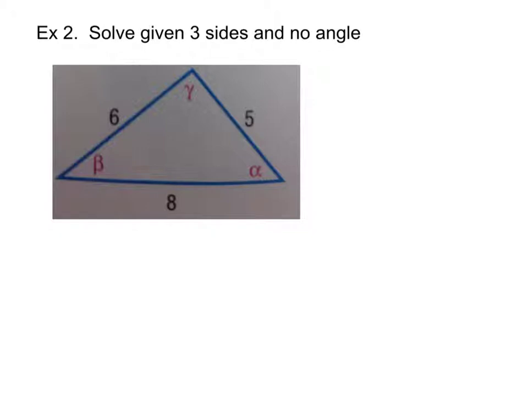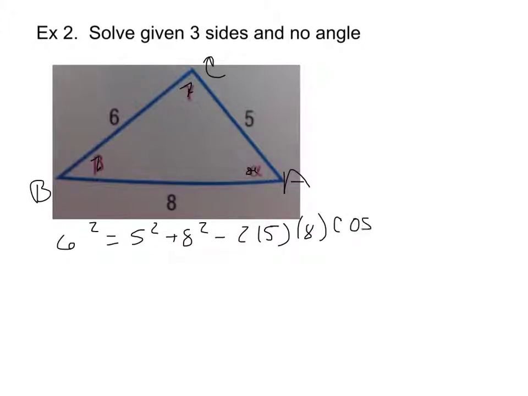In this triangle, they gave me the 3 sides and no angle. So I will have to use the law of cosines twice to find the angles. Again, let's change this to A, B, and C. So if I want to find A first, I do 6 squared equals 5 squared plus 8 squared minus 2 times 5 times 8 times the cosine of A. I do 6 squared first, I subtract 5 squared, I subtract 8 squared, I divide by negative 2 times 5 times 8, and end up with a decimal.